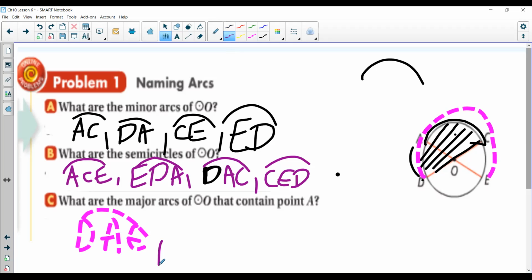Yes, teacher, there is C. You can also say D, A, C, E. But at least you need only 3 points. You can say only D, A, C, E. There's no problem. What else? There's A, E, C. A, E, D, you mean. Let's change another color here.